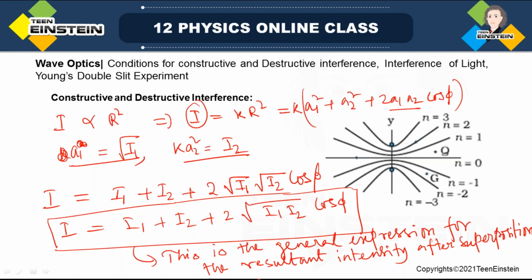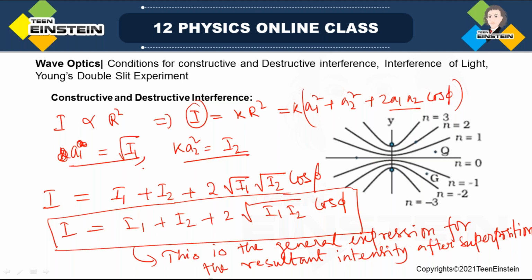Okay, if you are thinking it is too hazy, I'm just cleaning everything. So what is the expression we have got? We have got the expression for the resultant intensity after superposition of two waves.